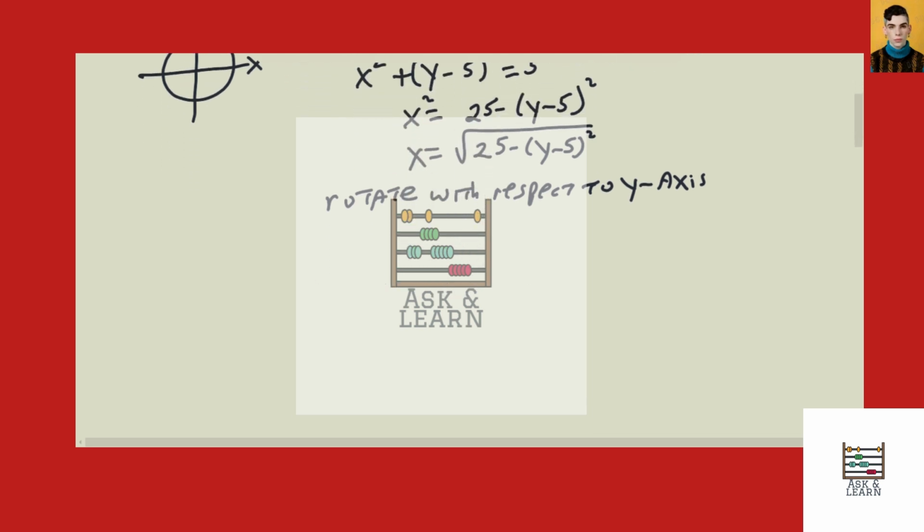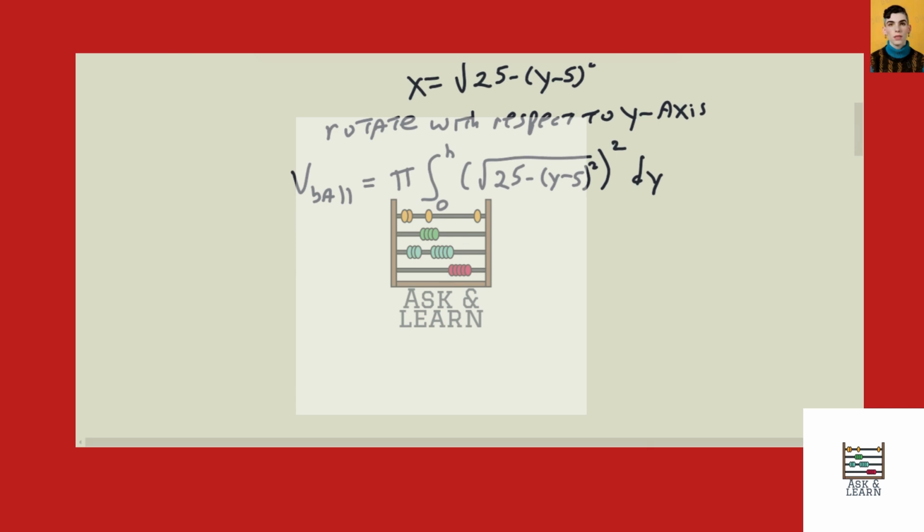The volume of the ball is pi times the integral from 0 to h of the square root of 25 minus (y minus 5) squared, pi r squared, dy.